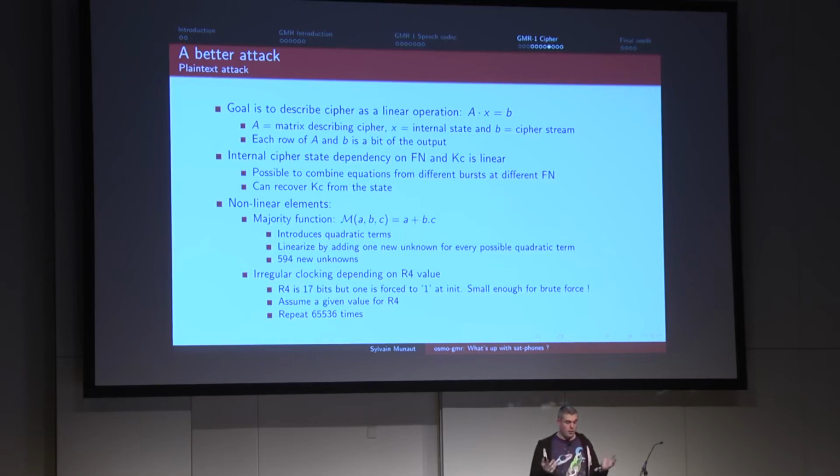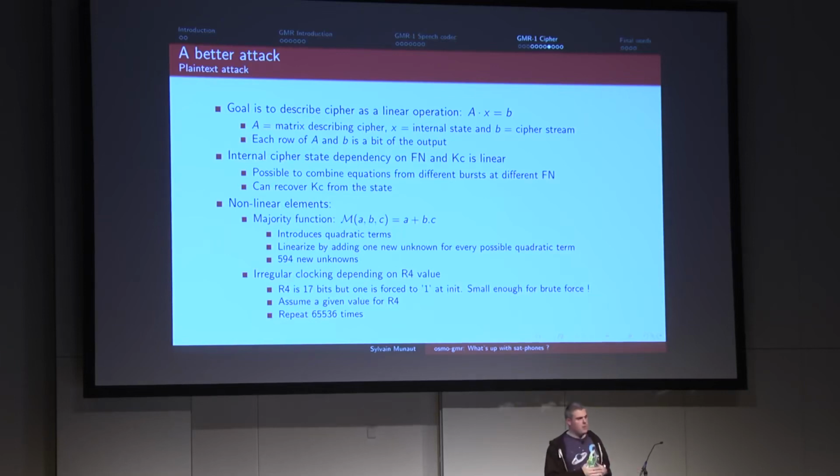So how do we linearize that? Well, R4 is a 17-bit linear feedback register. As soon as you have its bit state at one particular time, you can predict all the future states because it's clocked all the time.